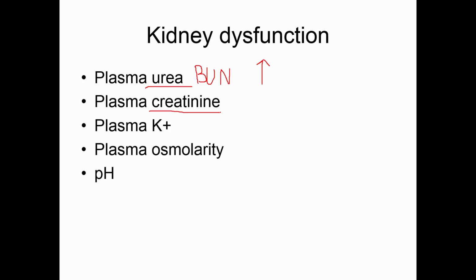A normal range of urine concentration: we can get our urine as concentrated as 1400 milliosmolar. Your plasma concentration could be 40, 50, 60, something like that. If we have a decrease in the urine density, something called urine-specific gravity, we're losing too much water in the urine.